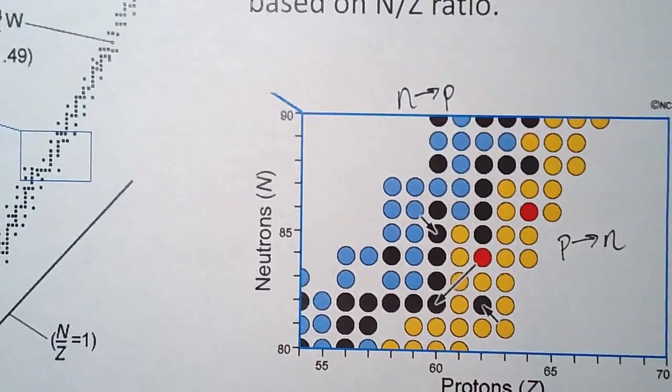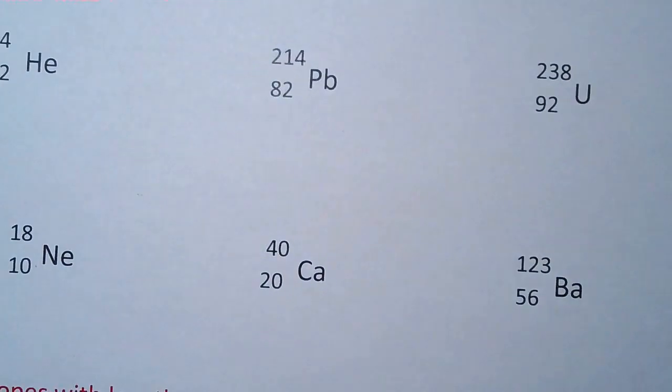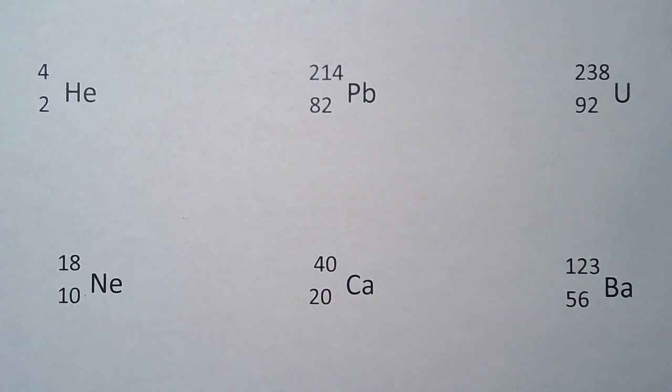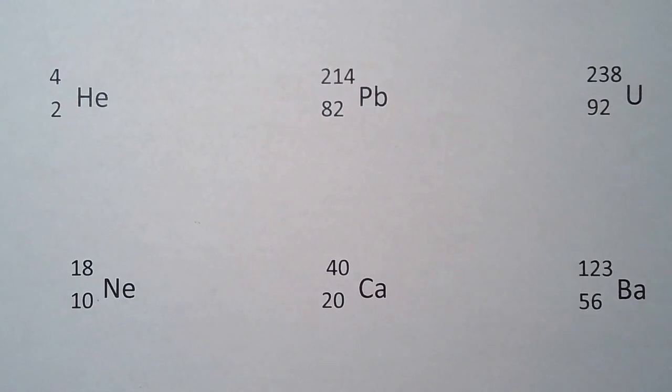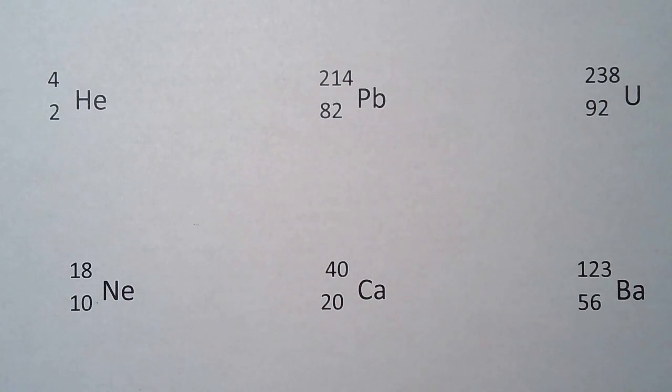So we're going to use this idea to determine what kind of decay these isotopes are likely to undergo based on either size or NZ ratio. So first we need to determine, are they stable or not? And if they're not stable, what kind of decay?